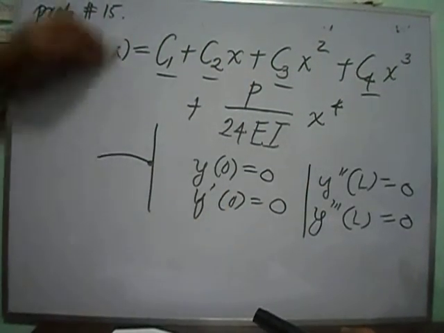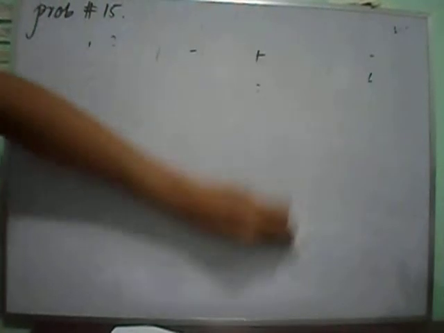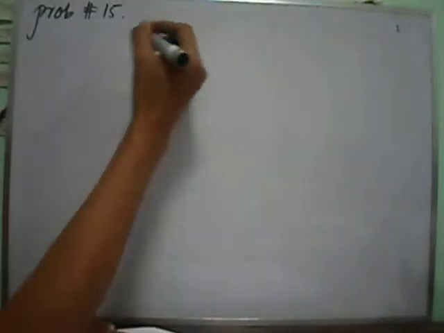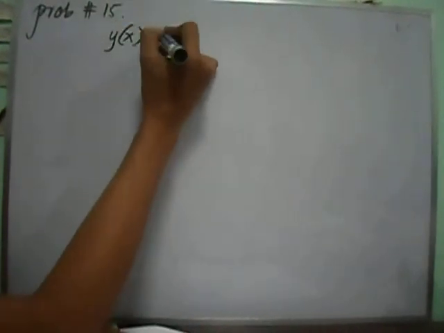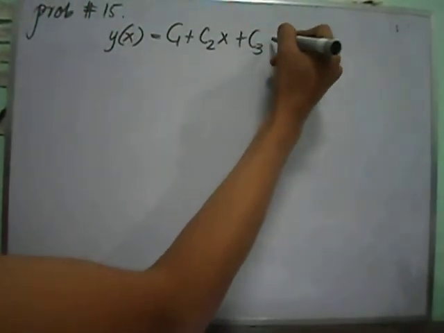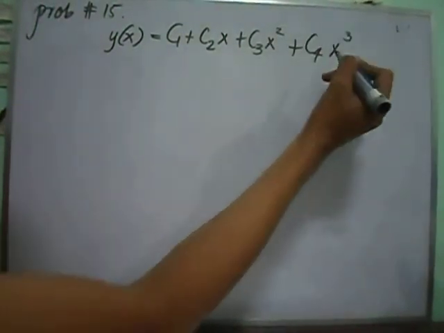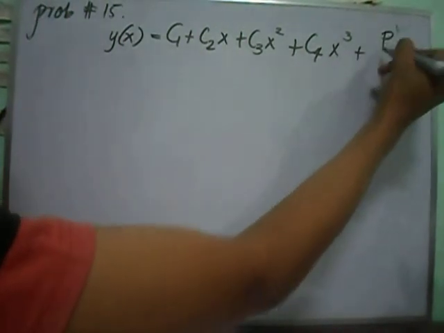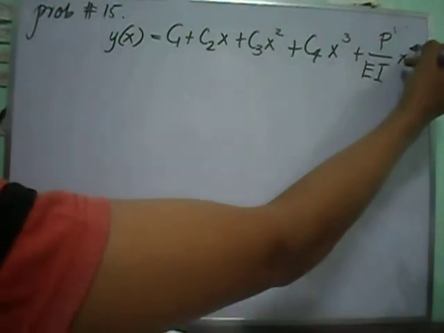Now, to begin, from the general formula, we have y of x is equal to c1 plus c2x plus c3 x squared plus c4 x cubed plus P over Young's modulus times the moment of inertia x to the fourth.